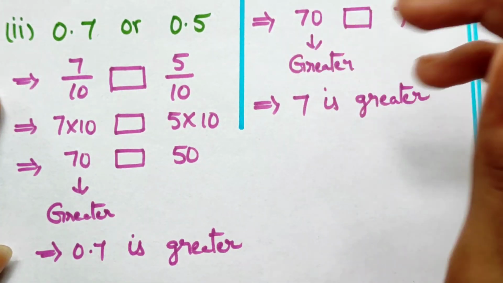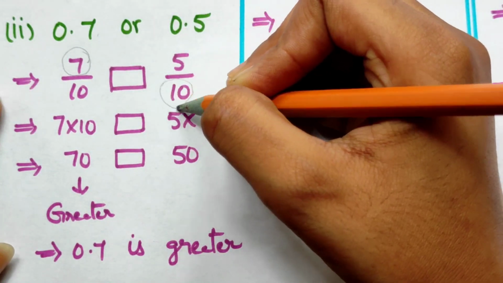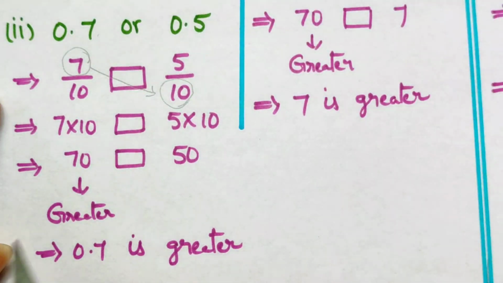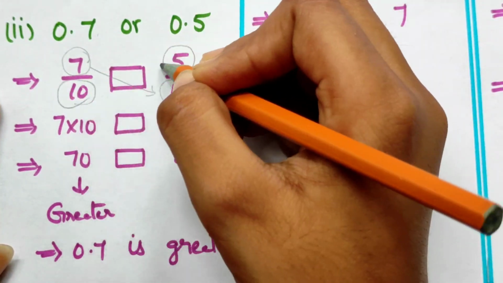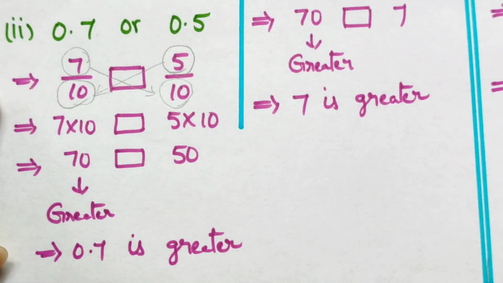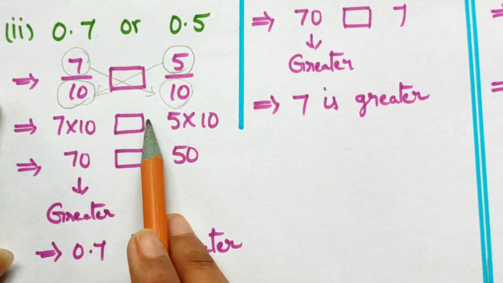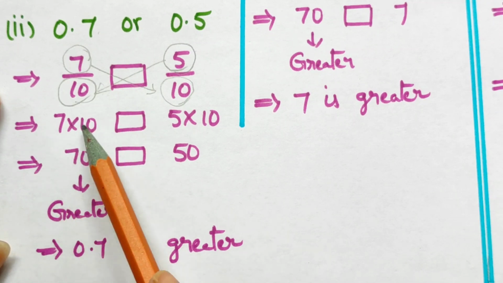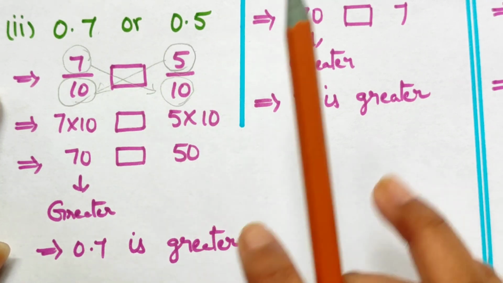Now let us do cross multiplication. The first numerator 7 into the second denominator 10, and the first numerator 5 into the second denominator 10. So 7 into 10, a blank, and 5 into 10. 7 times 10 is 70, and 5 times 10 is 50.